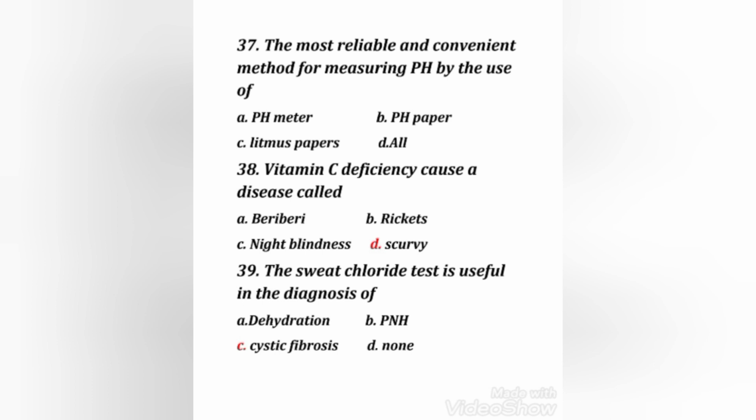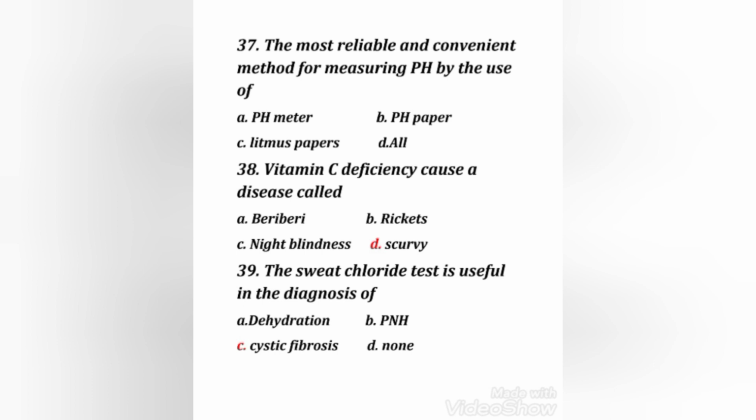Here the right answer is option A. The most reliable and convenient method for measuring pH is the use of pH meter. Next question. Vitamin C deficiency causes a disease called beriberi, rickets, night blindness, scurvy. The right answer is option D, scurvy.